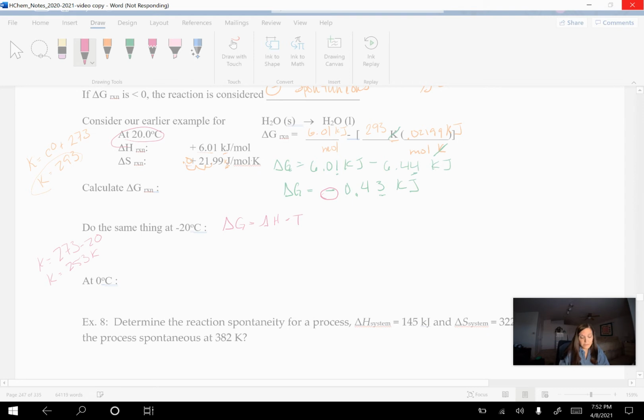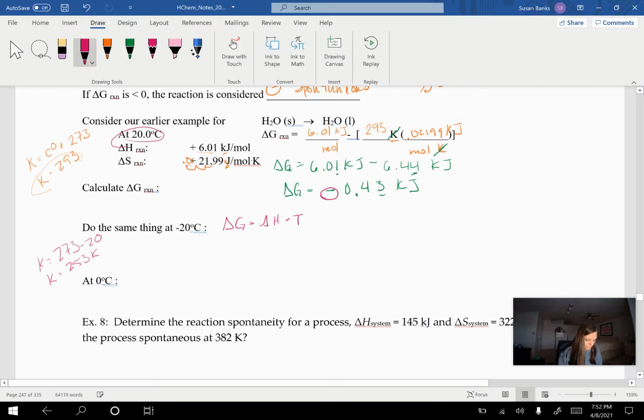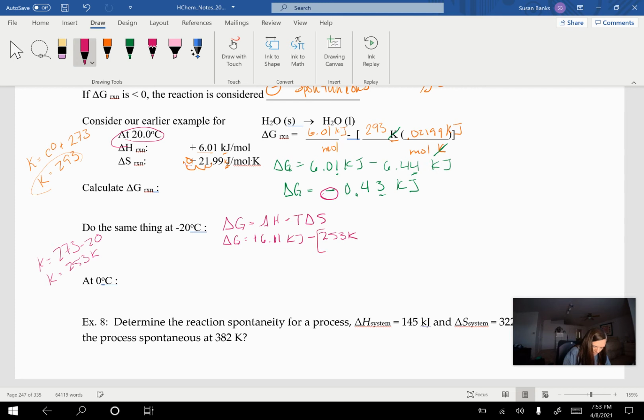Okay, so our delta G is going to be, we're going to have a positive 6.01 kilojoules minus 253 Kelvin, and then we're going to bracket this, multiplied by 0.02199 kilojoules per, this is per mole as well, per mole Kelvin.